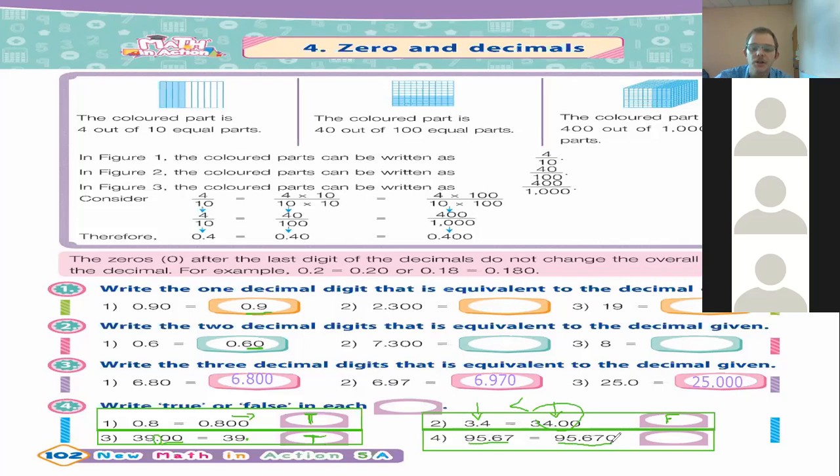This one is true because all they did was add a 0 at the end of the decimal. If we add a 0 at the end of the decimal, the value does not change. It stays the same. It's important to remember that. Value stays the same.